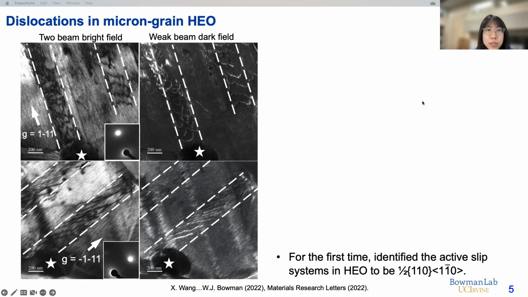In order to do this, we performed a lot of tilting analysis and tilted the samples to different two-beam conditions, and using the g·b invisibility criteria and the tilting analysis of the slip planes, we identified that the dislocation glide in the HEO is similar to that in magnesium oxide, where the dislocation slip planes are the {110} planes, and the Burgers vectors are in the 1/2<110> direction.